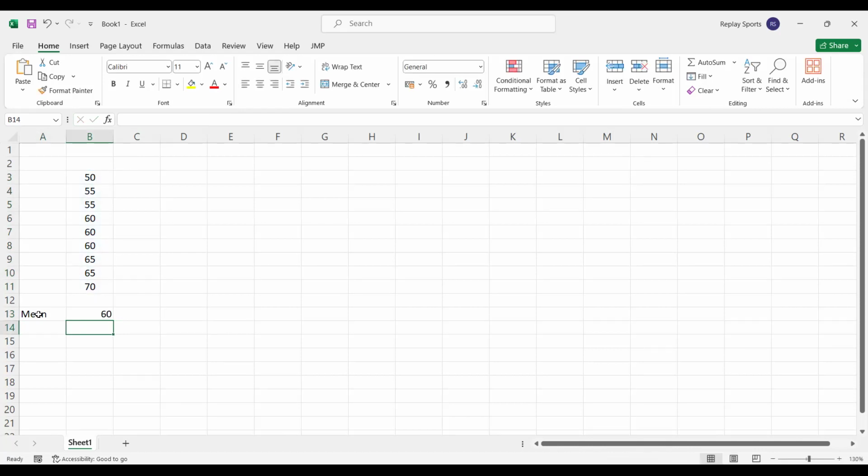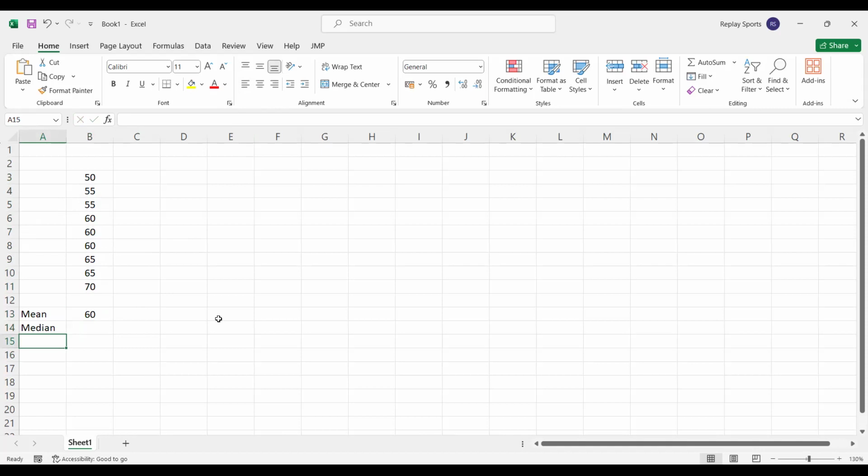So if you take the mean of this data set, it's 60. That means you have scored on average 60 marks in mathematics or whatever paper. This will help me to understand that you are so good in the paper. Now we spoke about median. Median has a different way of calculation.